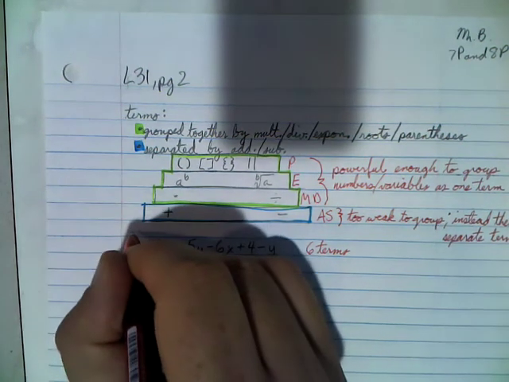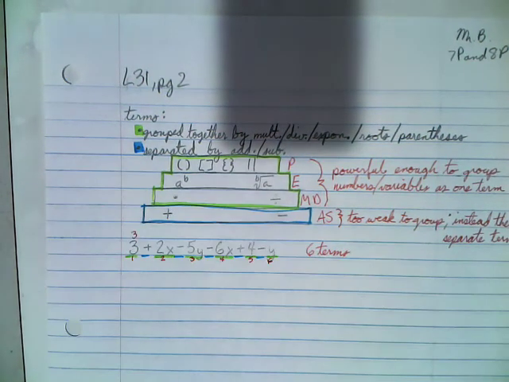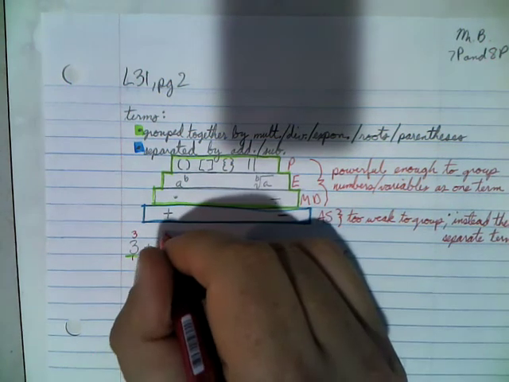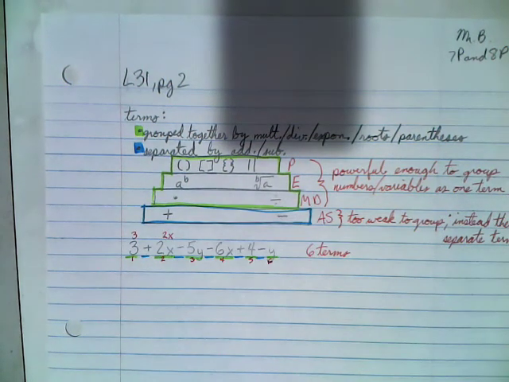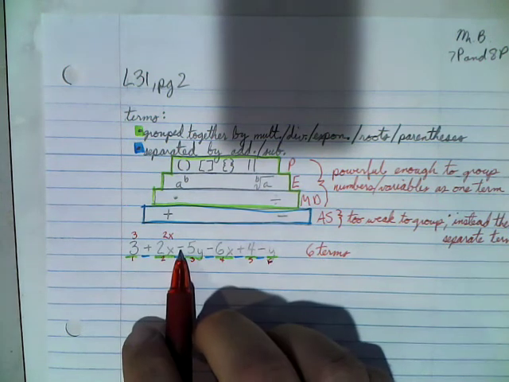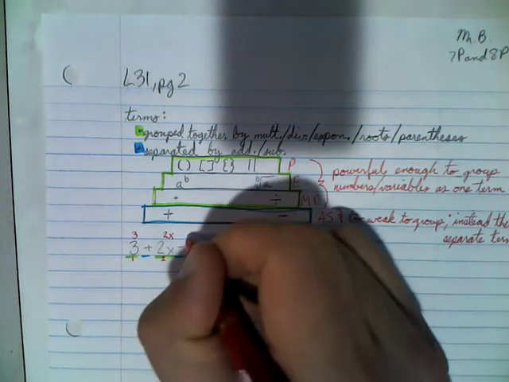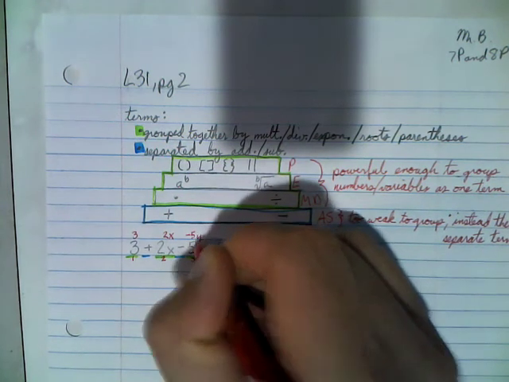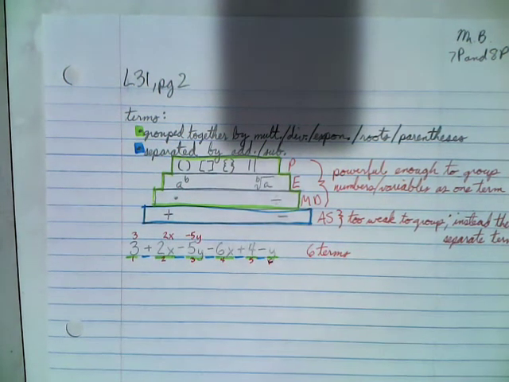And just to be clear, what are those terms? Well, the first term is 3. My second term is 2x. My third term is a little tricky. You might be tempted to say that my third term is 5y, but that would be incorrect. Remember that as we start getting closer and closer to algebra, we're going to treat minus signs like negatives. So my third term is not 5y, but a negative 5y because of the minus in front of it.